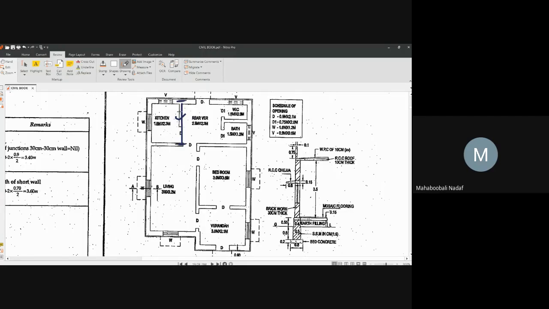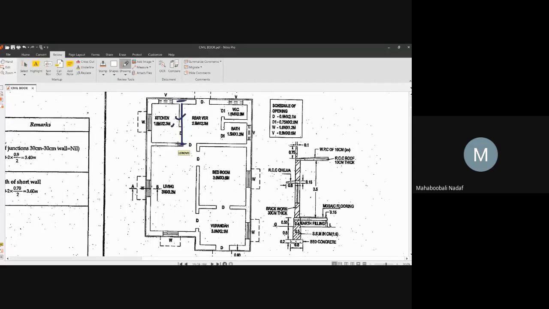That wall between kitchen and rear veranda. How to calculate? 0.3 by 2 plus 2.3 plus 0.2 by 2. How much? 2.55. Very good.